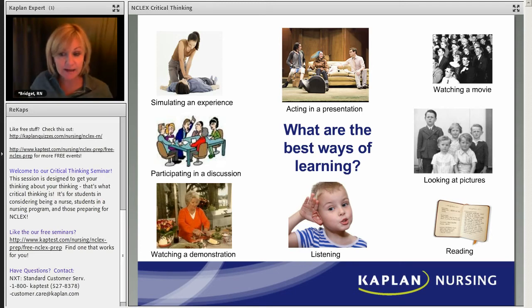You can be in that 90% range when you're doing all that. Bring your book into class. Look at the pictures as the instructor's going through the information. If there's some sort of demonstration, during break, try to find groups of people and say, hey, that was pretty weird what she was saying in there about asthma, right? I didn't know that. That's you participating in a discussion, trying to retain the information.